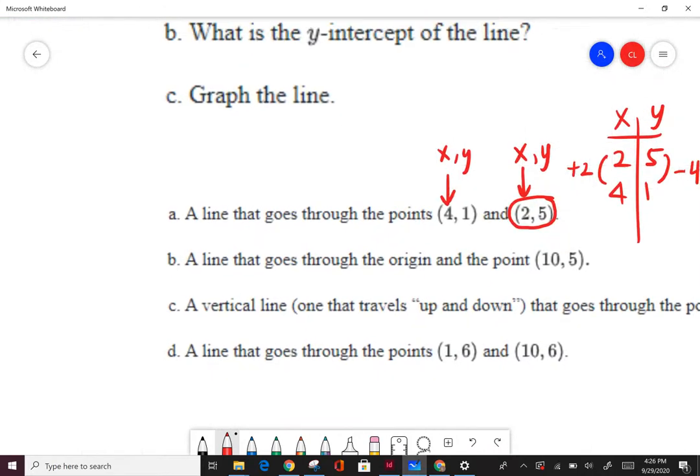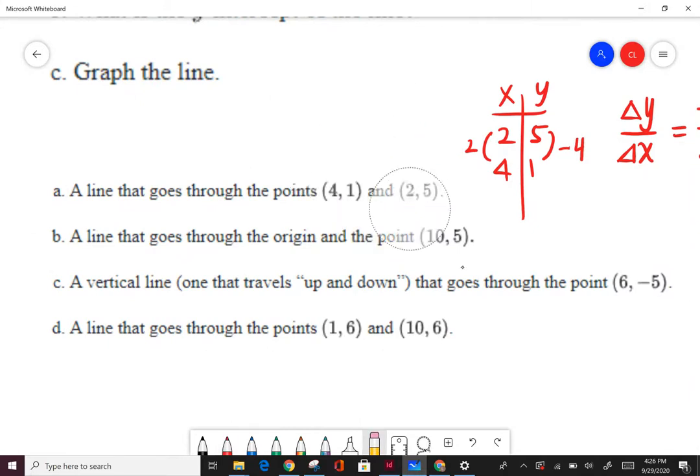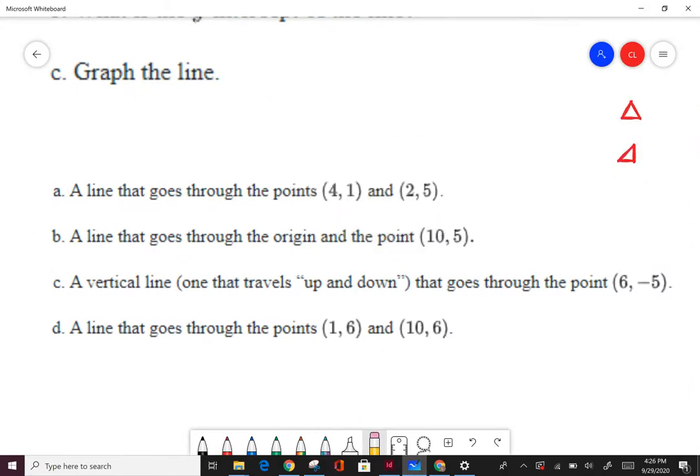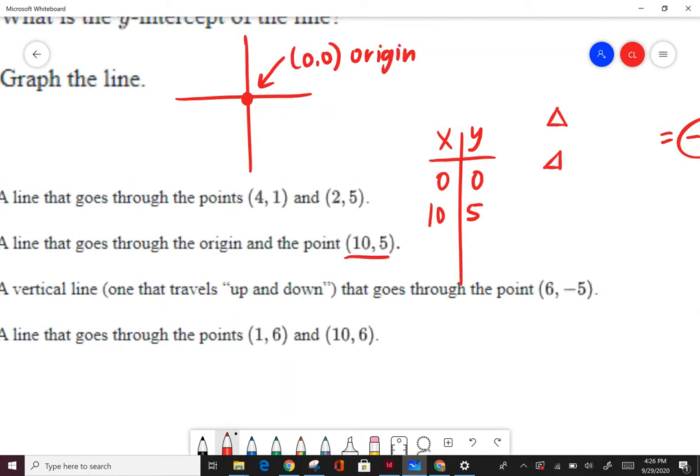Okay, let's try B. A line that goes through the origin and through the point 10, 5. So the origin means, here's the origin. It means this point right here, which is 0, 0. That's our origin. So on our t-chart, I'm going to go ahead and put 0, 0 first. Then I'm going to go ahead and write the 10, 5. Okay.